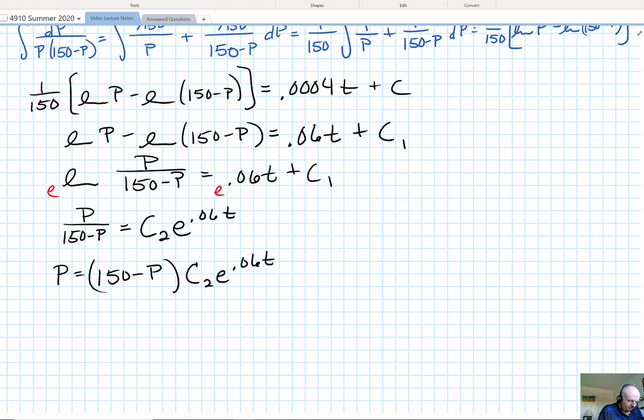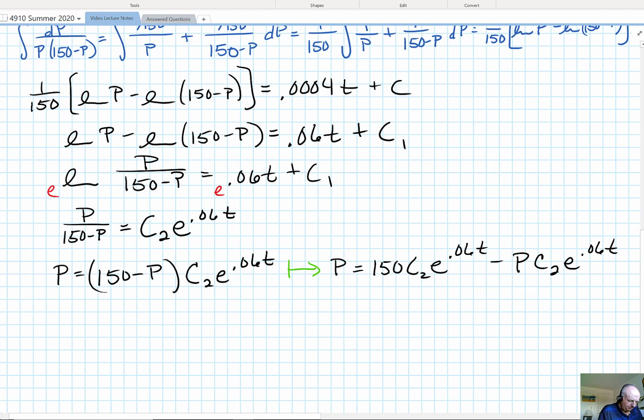Let's move it this way since we're running out of paper here. So we distribute it through, we end up with P equals 150 C sub 2 e to the 0.06 t minus P C sub 2 e to the 0.06 t.